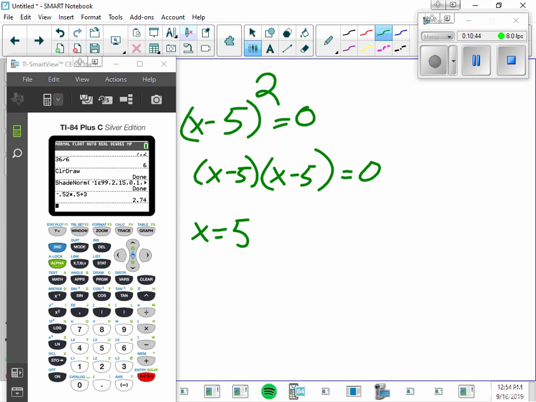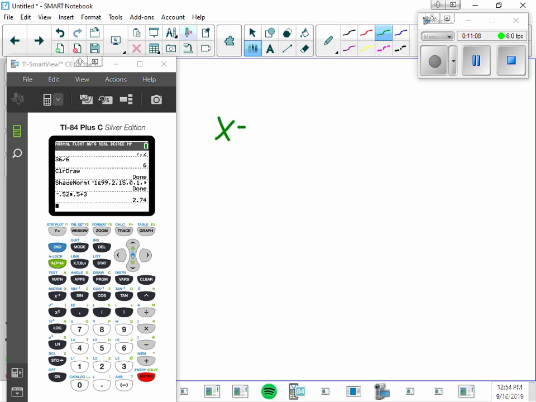X equals 5 and 5. Do I need to list it twice? No. So you would write x minus 5 equals 0, and then add 5, and then you get this. It happens twice.